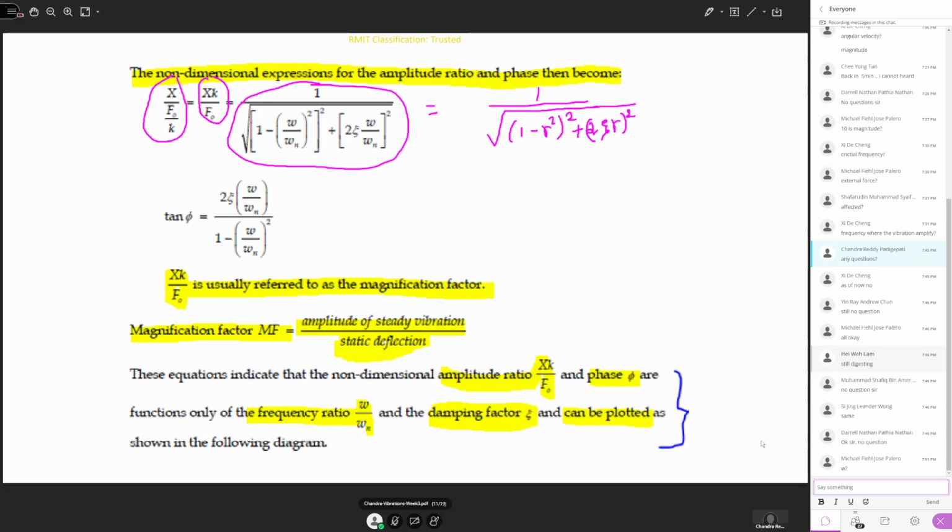In this equation we replace omega over omega n with r, because omega over omega n is just a ratio of the two frequencies. Then similarly, you can write here 2 eta r over 1 minus r square.